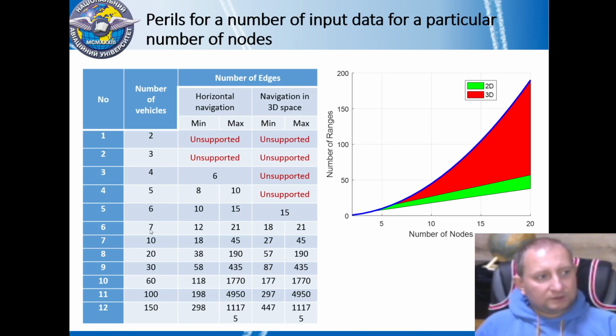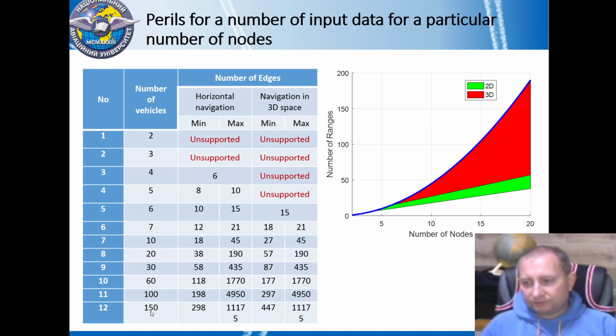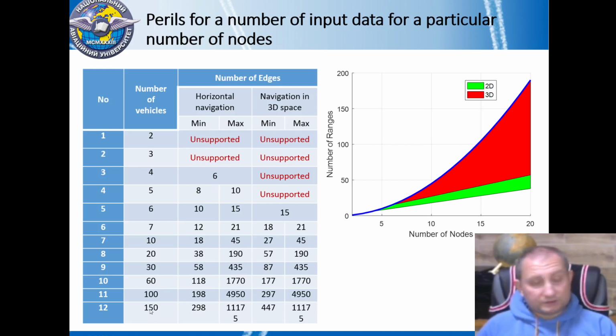Then the same situation holds for 7, 10, 20, and here you can also find results for 100 vehicles and for 150. Here we also have important results: for example, for 100 vehicles, the total number of edges is approximately 5,000. However, for solving the navigation equation, we need at least 198.